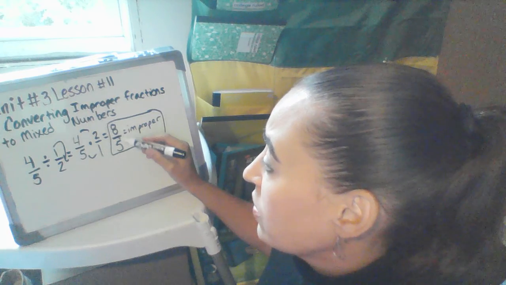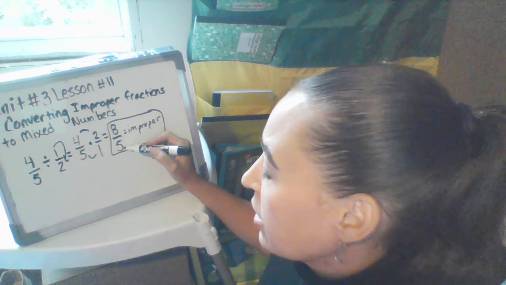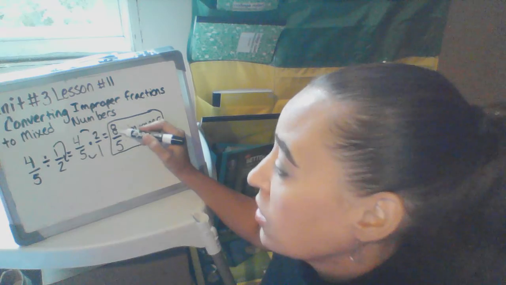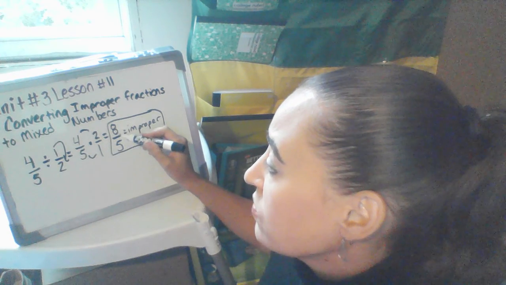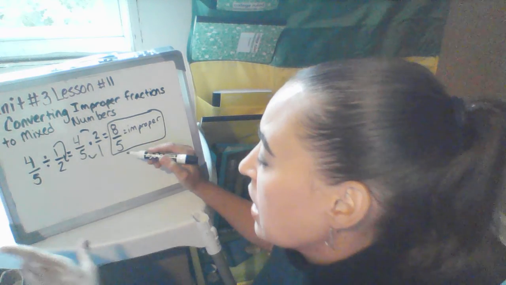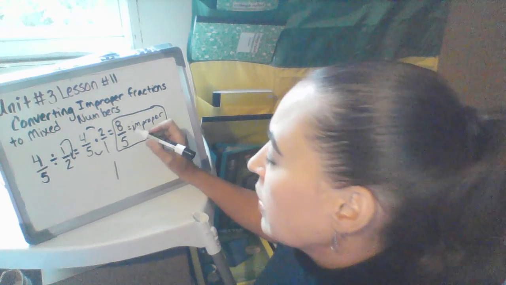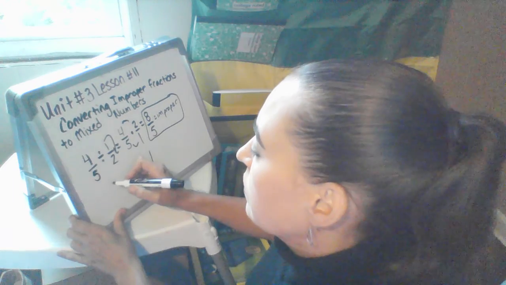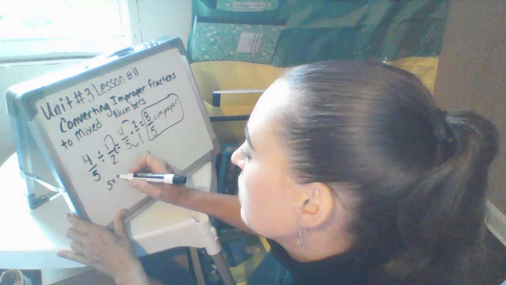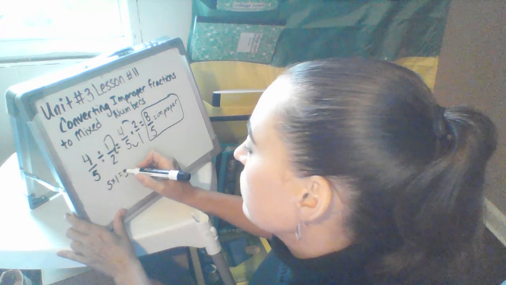You're going to say 5 goes into 8. So the denominator, how many times does this denominator go into the numerator? 5 goes into 8 one time, because 5 times 1 equals 5.